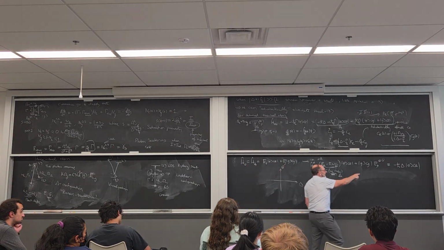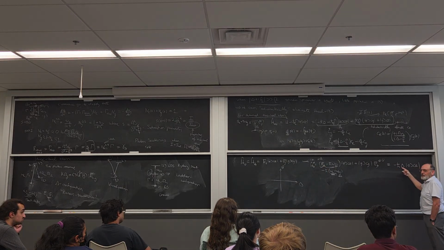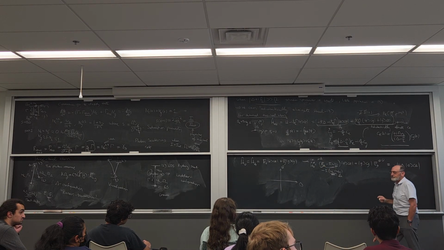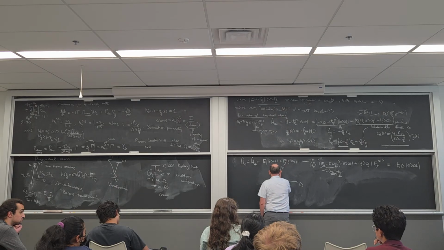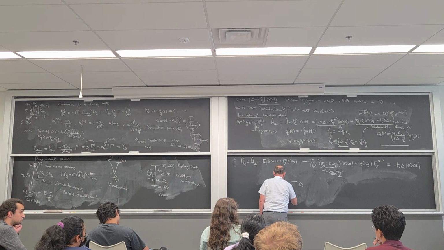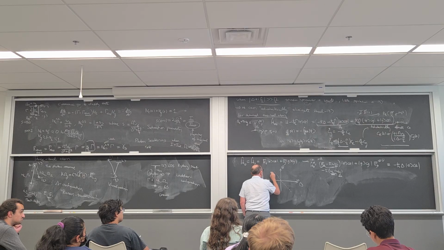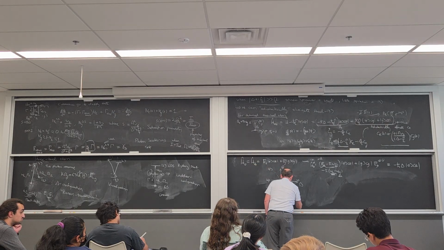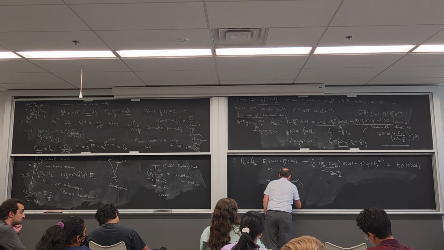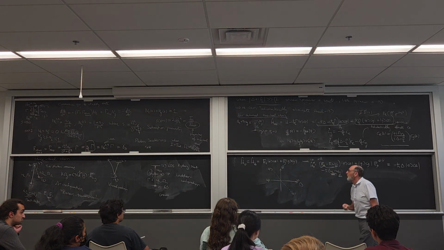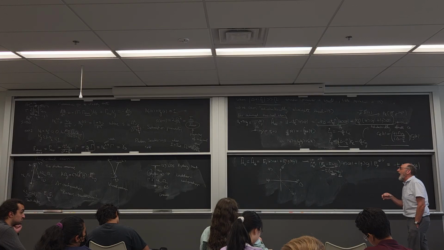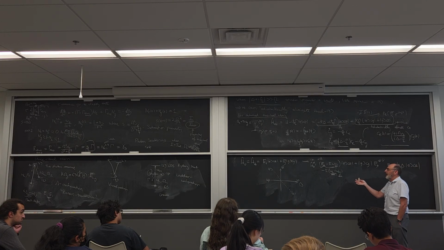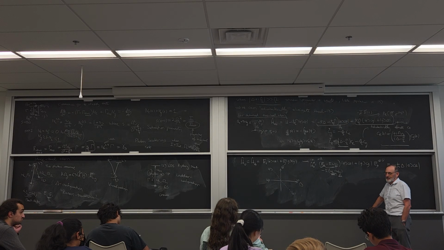But the excited state is minus the detuning. So this is the ground state over here. This is the excited state. Okay? So those are the energy levels of the atom in the rotating frame as a function of detuning.